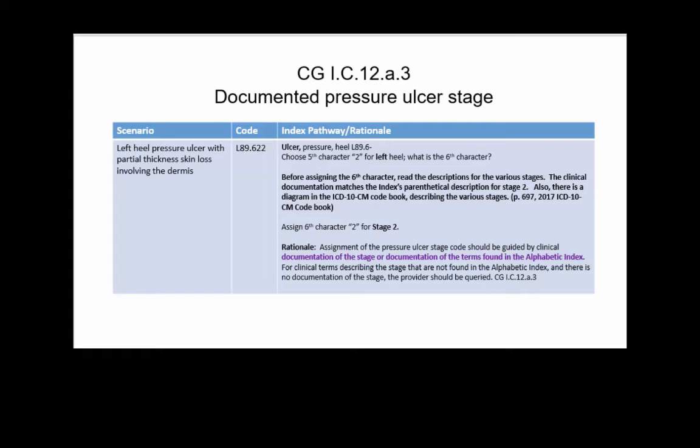In future versions of the code book, it may be on a different page, but it is there, as well as being described in the stage 2 or whatever stage. It describes how the thickness, how deep the ulcer goes on the skin. So don't be surprised if sometimes you don't get a stage, but you are told how deep it goes, and then you have some resources here for knowing how to stage that.